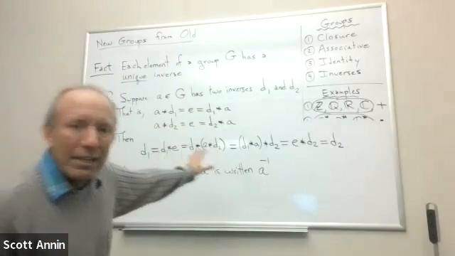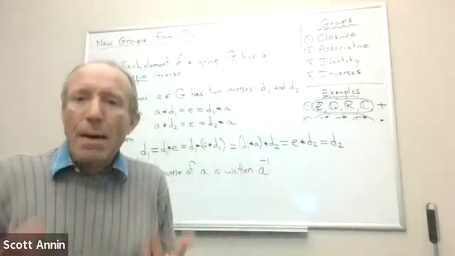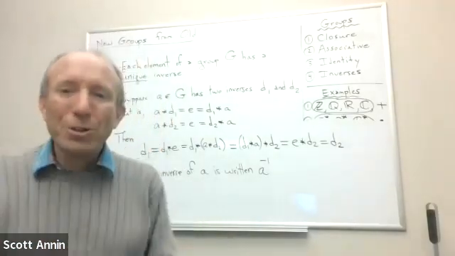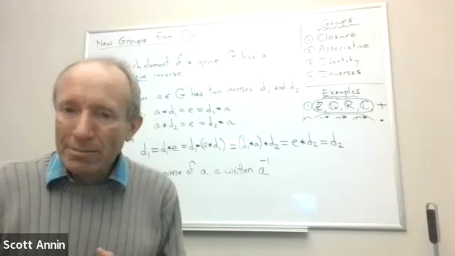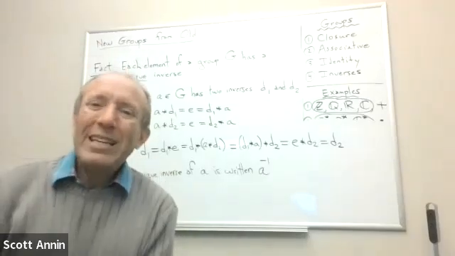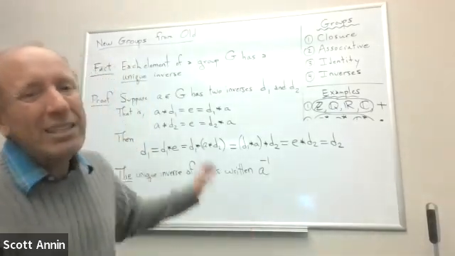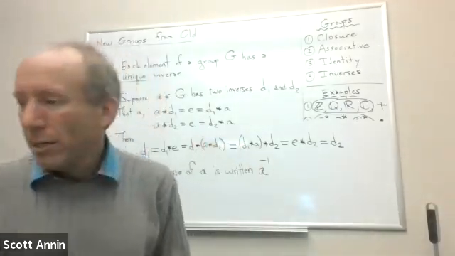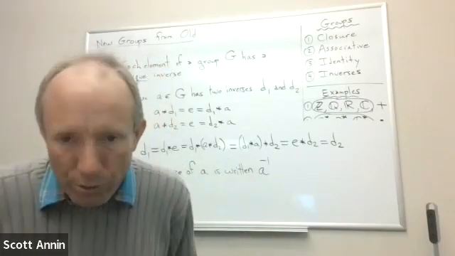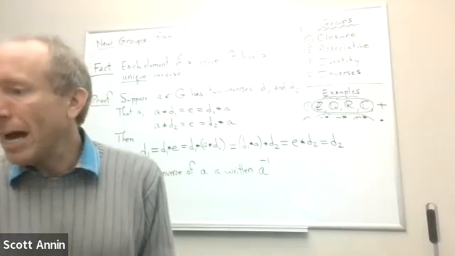So this is really being written in a multiplicative format, as if the operation was multiplication, but we need to be sort of flexible with our interpretation of this. And remember that there are groups for which the operation is not going to be multiplicative, and it doesn't make so much sense to use negative exponents as if we're going to be forming reciprocals or something. So want to be a little bit careful about that.